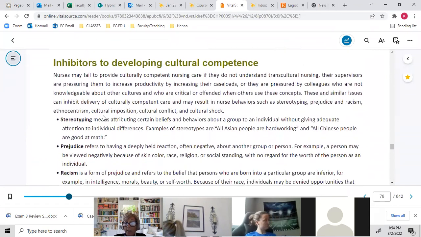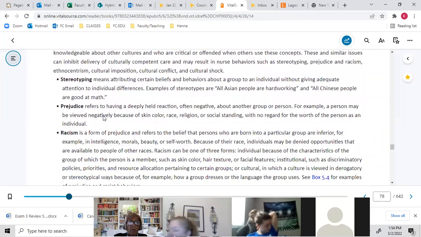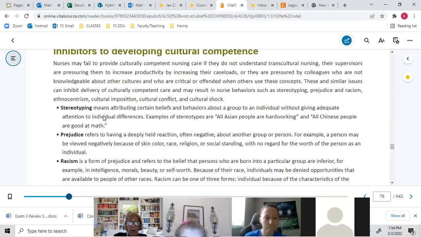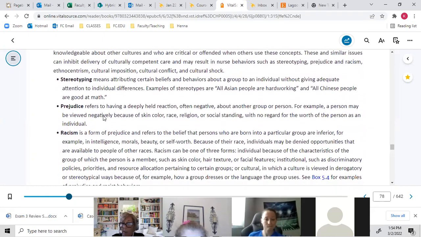Okay. And then the last part of this chapter I want to cover is, what are some inhibitors to developing cultural competence? It was on a slide, but I would suggest you go back, and if you're unclear about what the definitions are about these barriers or inhibitors, come back here on page 78. What does stereotyping mean? What does prejudice mean? What does racism mean?